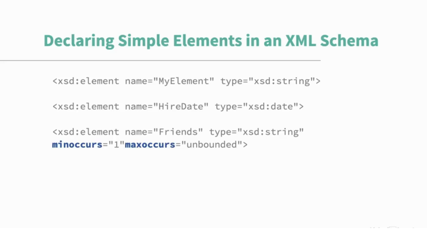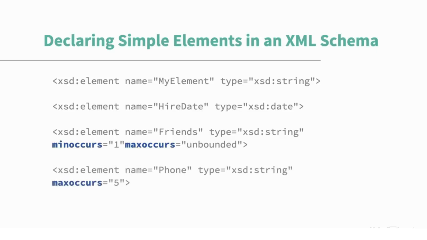In the first example, there's an element I'm declaring named friends, and it has a type of string, and it has a min occurs of 1, and it has a max occurs of a special string value named unbounded, which means there's an unlimited number of these tags that could appear in my XML data.